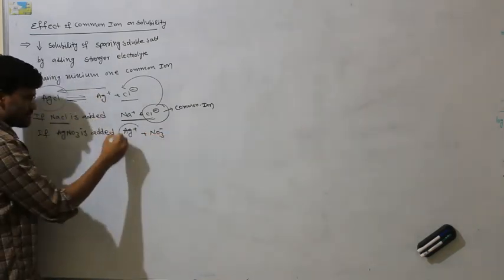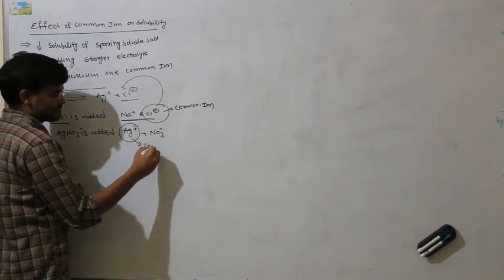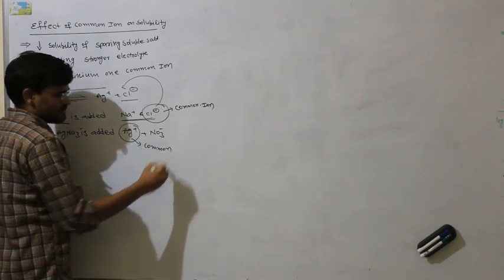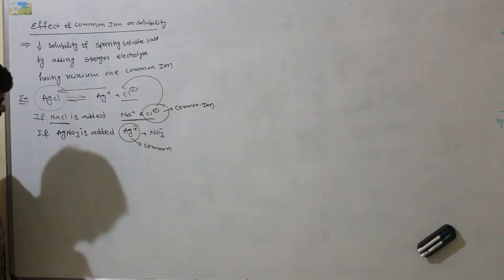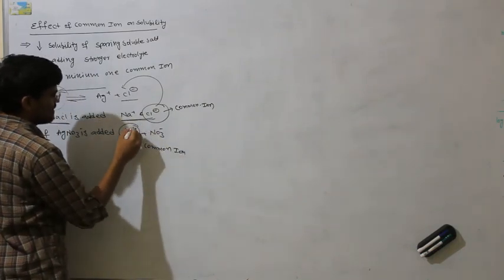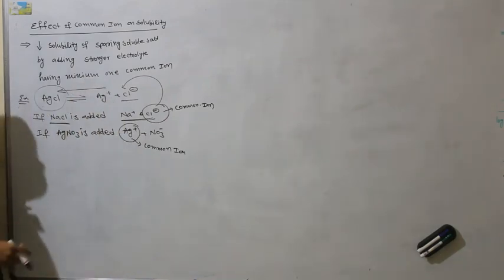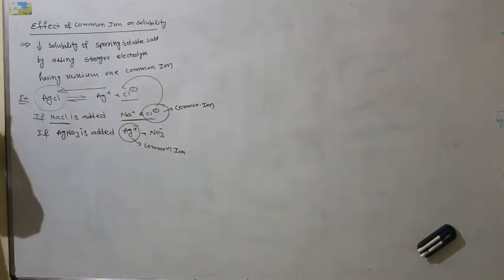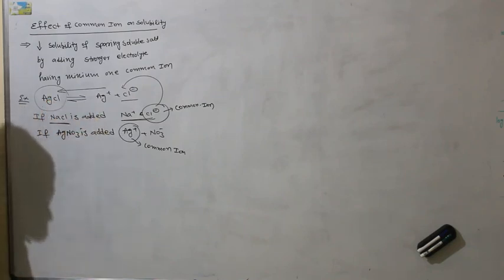So Ag plus becomes the common ion. Since it is a common ion, it reacts with Cl minus and forms undissociated salt, so the solubility of silver chloride decreases.